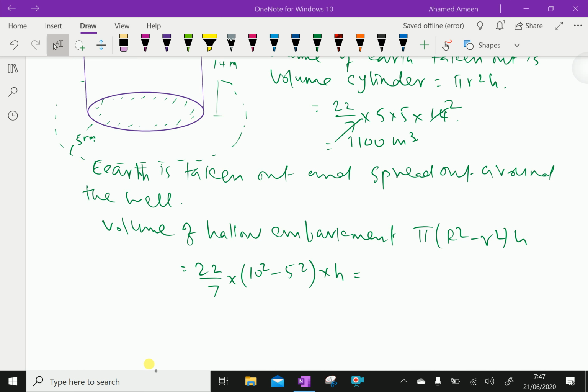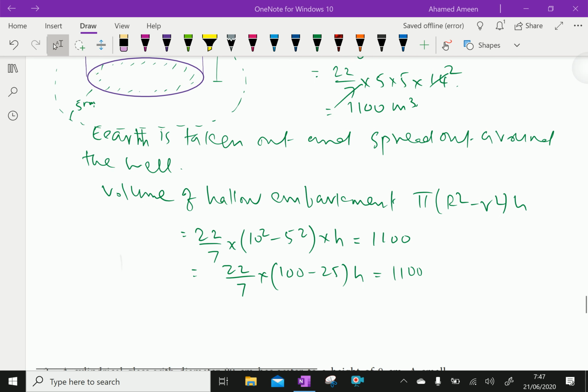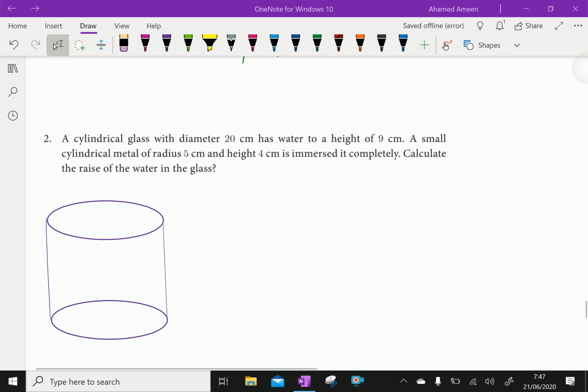1100. So we have 22/7 into 100 minus 25 into H equal 1100. Let us give a little more space for the calculation.